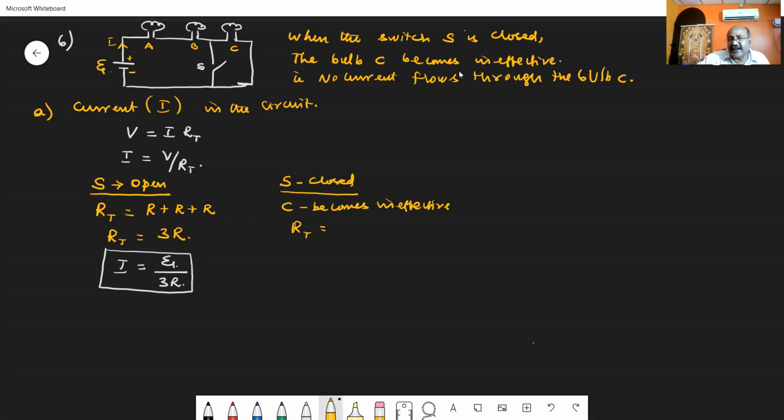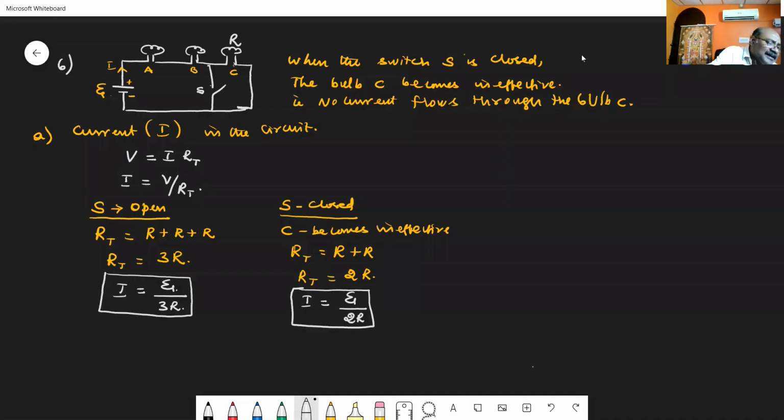If C is ineffective, you leave out C. So bulb A and bulb B are in series. So the total resistance is R plus R, which is equal to 2R. So the value of current when the switch is closed is I equal to EMF E divided by 2R. This is the current flowing through the circuit when the switch is open and when the switch is closed.